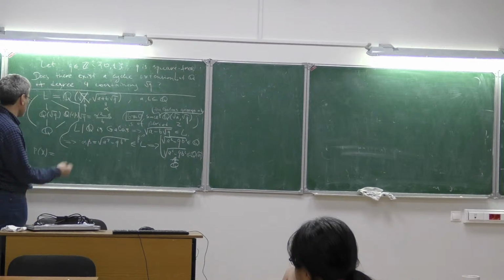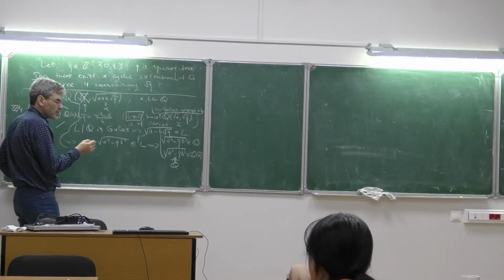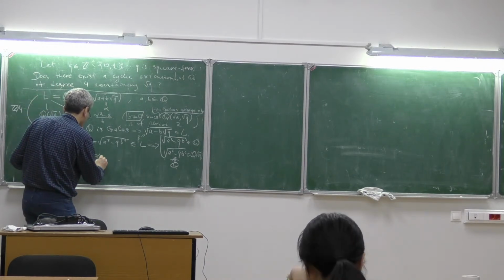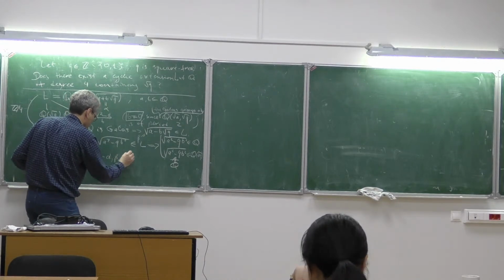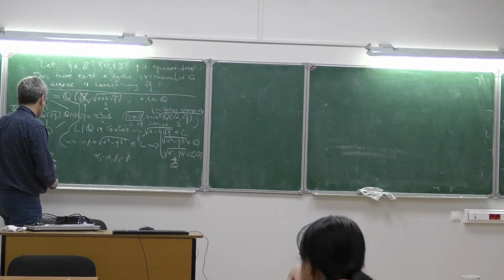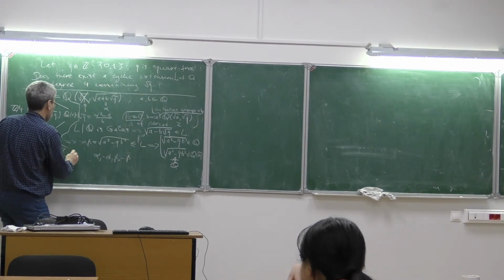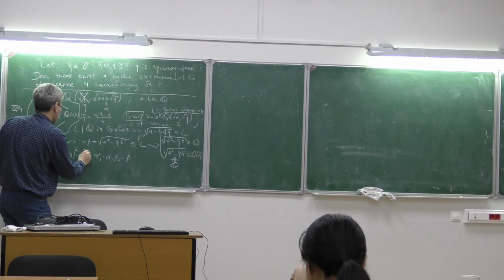It doesn't matter what it is, but it does matter what its roots are. Its roots are alpha, minus alpha, beta, and minus beta. Yeah. So then the discriminant. Well, maybe I should write this just to be complete. It should be x squared minus a square minus b square q.